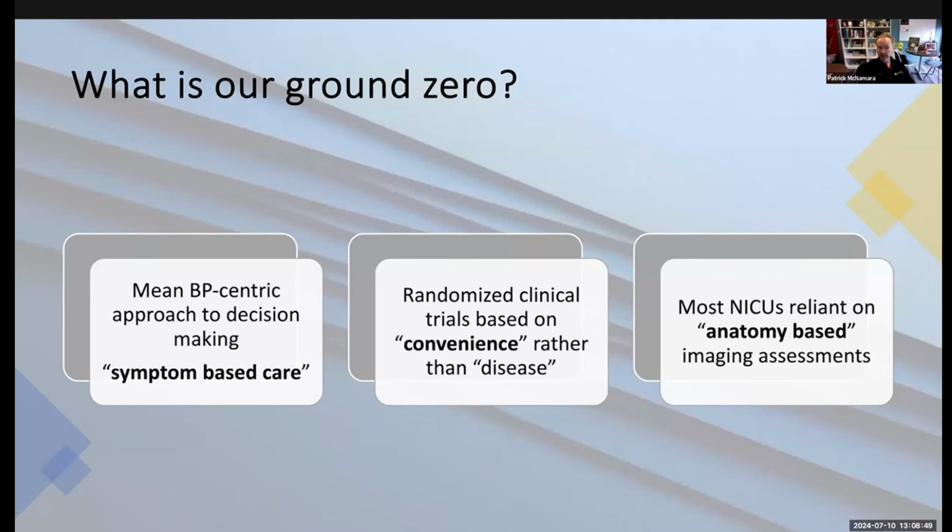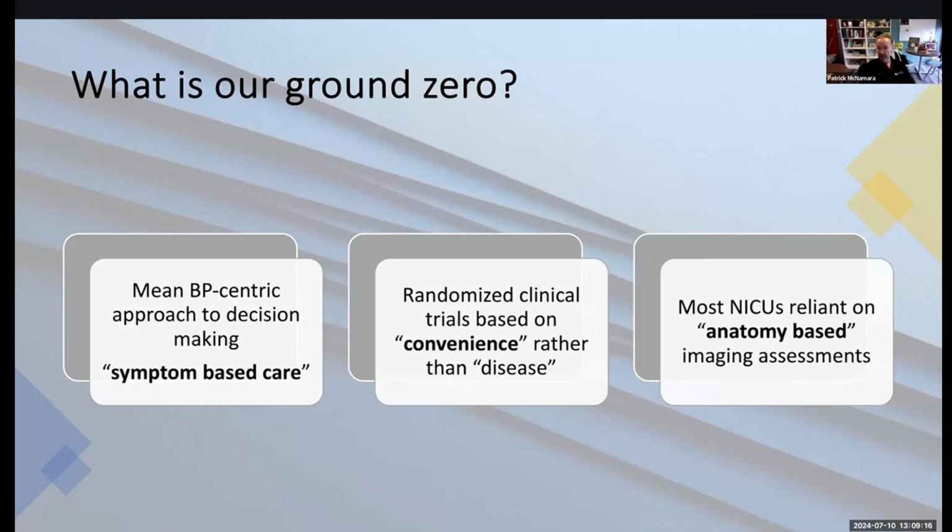Second, most of our clinical trials, it doesn't matter what the topic is, are trials based on convenience, okay? Can I recruit X number of patients within a certain time frame and make the trial very pragmatic, to get patients into the trial without actually looking at the applicability, recognizing the broad variance in physiology that may exist within individual patients.